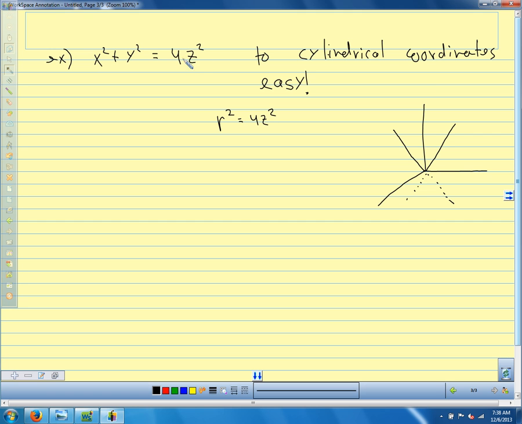Parallel to the xy plane, if z is a constant, we get x squared plus y squared equals a constant, which is what kind of shape? That's a circle. So parallel to the xy plane, we get circles. So we get this cone. This is a double-napped cone.